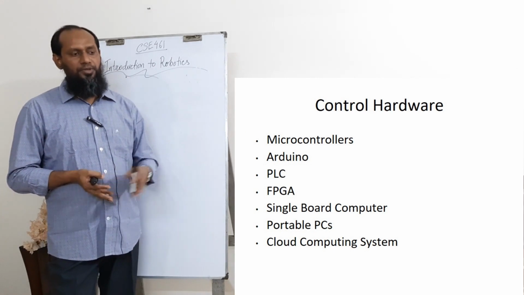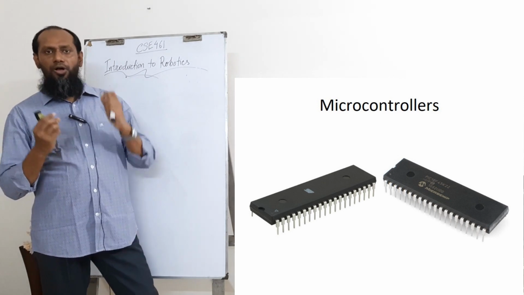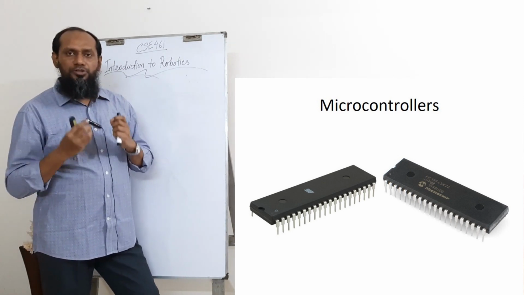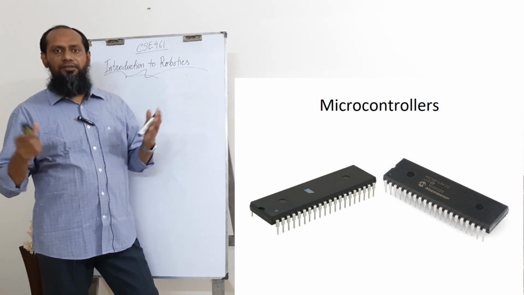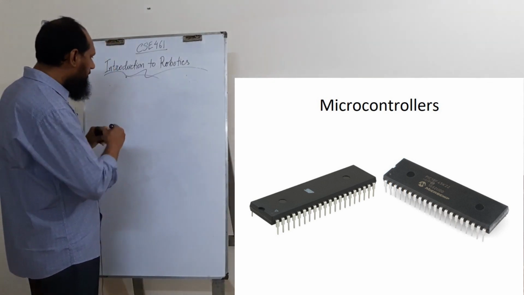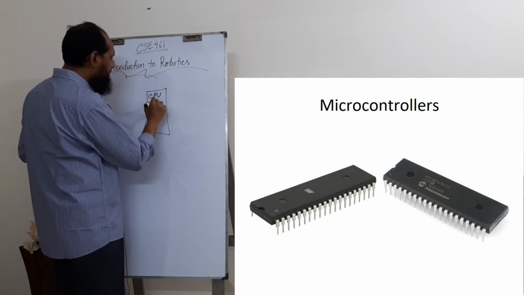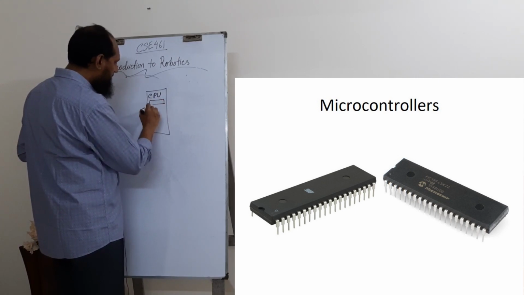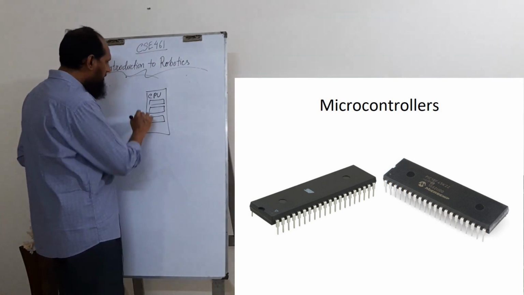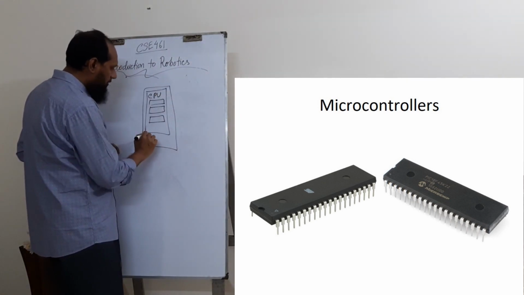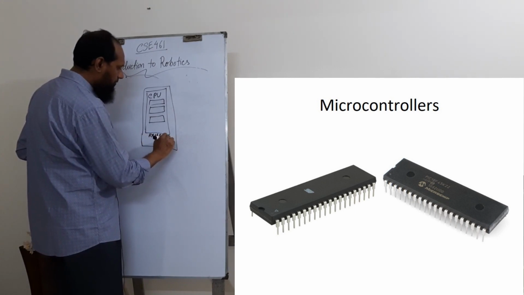Let's take a look at the microcontroller. A microcontroller is a very small, very cheap processing element where all the components of a computer are available. Like when we draw a computer, first we draw a CPU where registers, ALU, and control units are available. Then we need primary memory like RAM and ROM.